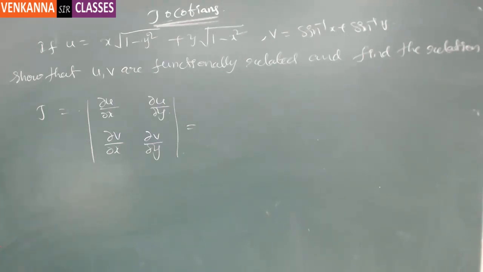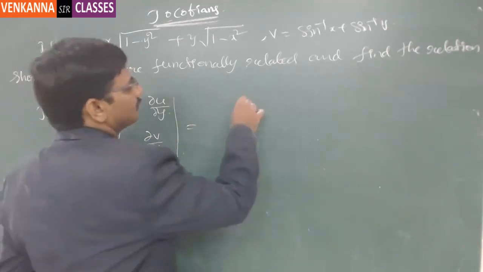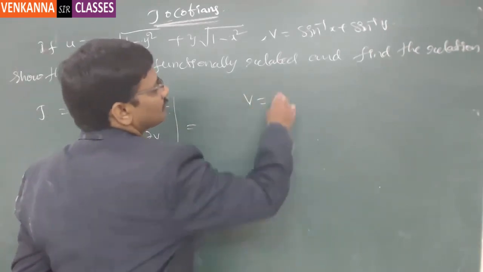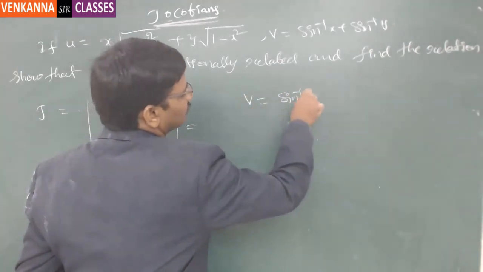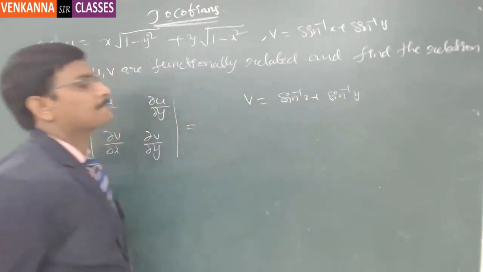So what is the functional relation between these two? From here itself you can get to know that. So v is equal to sin inverse of x plus sin inverse of y, right?